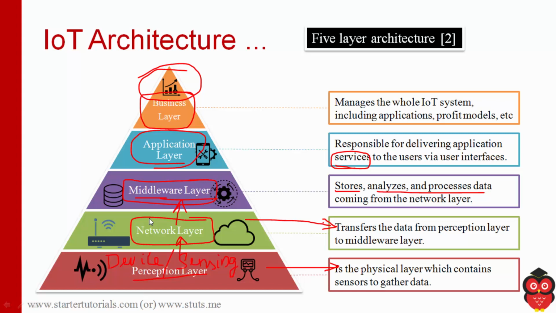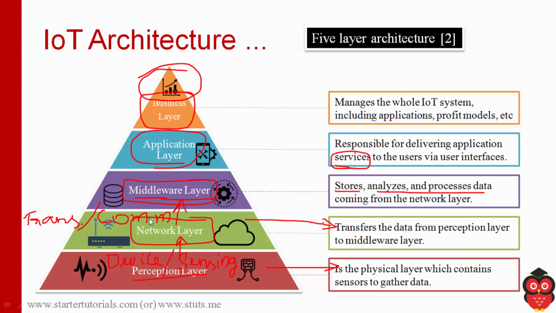So it can also be called sensing layer. And the network layer can also be called communication layer. Okay, or it can also be called transmission layer or transport layer, whatever it is. So the same layer can be called with different names. And then we have middleware layer, application layer, and finally business layer.